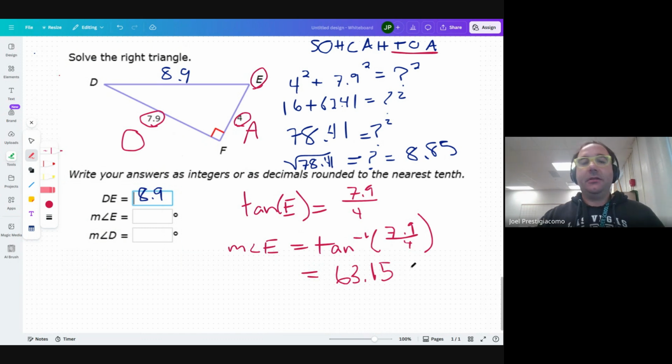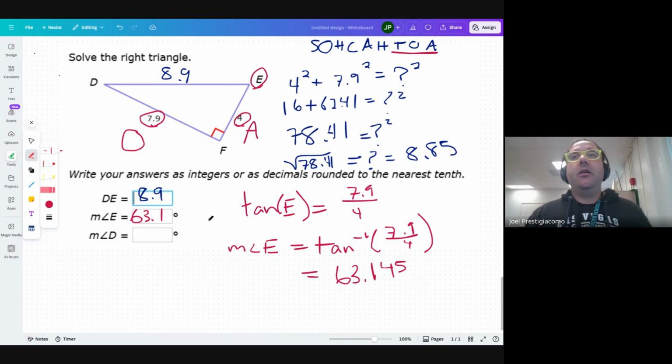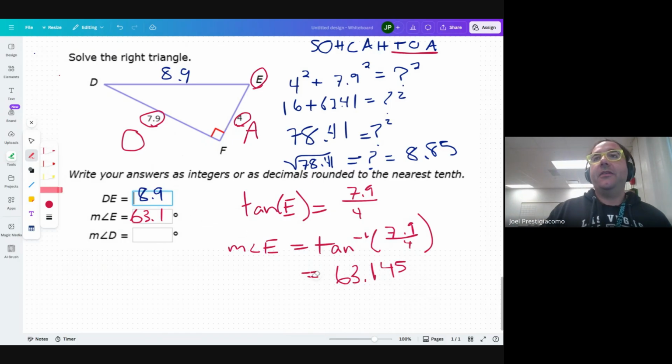Well, hold on a second. No, actually, this should round down, right? Sorry about that. This would be 4.5. So we would round this down to 63.1 degrees, right? So again, this one's really close to on the line, so I almost made that mistake. But technically this would round down to that. We haven't had one that was quite that close yet.